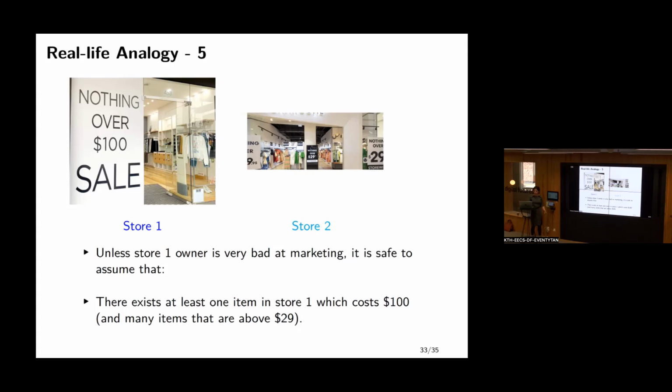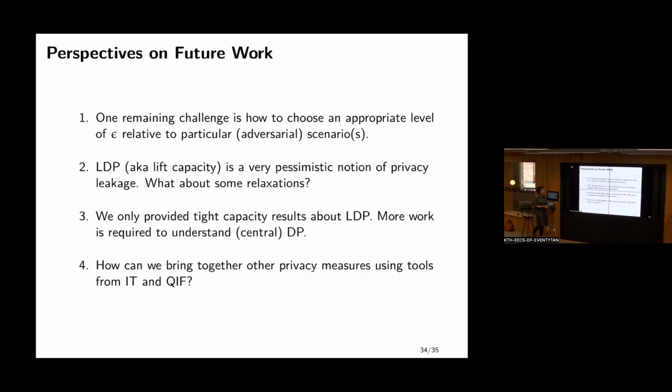So with this, I'd like to conclude. There is one extra slide if you are interested, and I can talk offline, but there is still a remaining challenge in understanding this value of epsilon. We try to give it an operational meaning, but rarely do we know how to choose a particular value of epsilon or how to choose the channels.